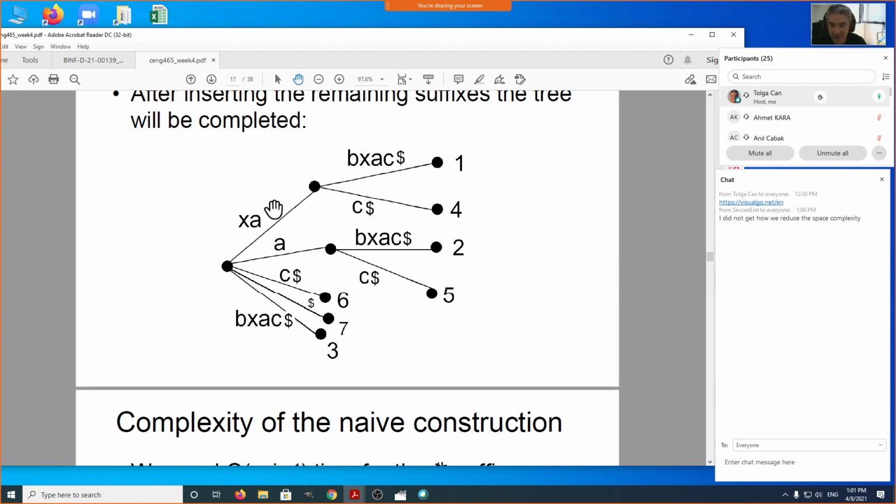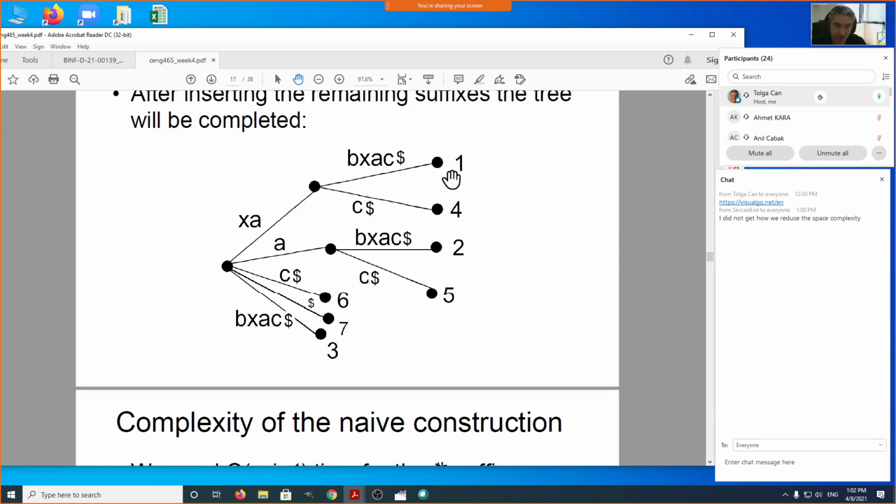And actually, some of these edge labels are shared. For example, you don't need exactly 4 characters or 3 characters for this one, because part of it is shared. But in the worst case, we may need to repeat lots of substrings on the edge labels.